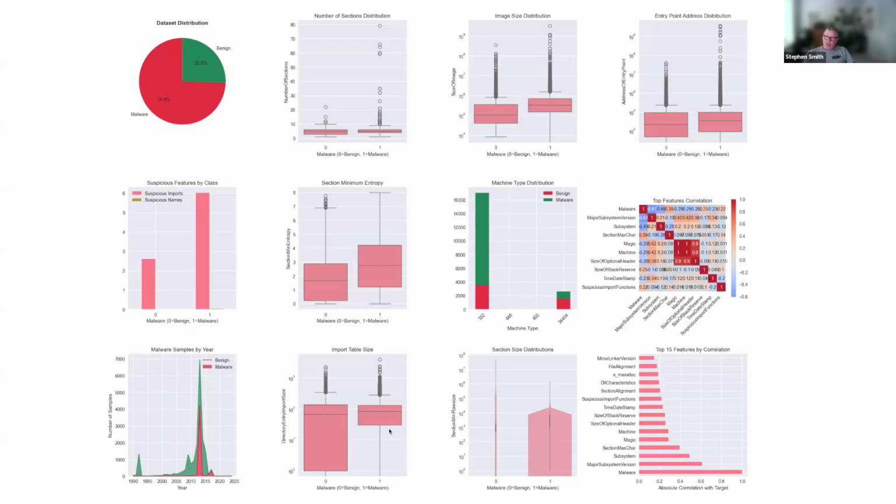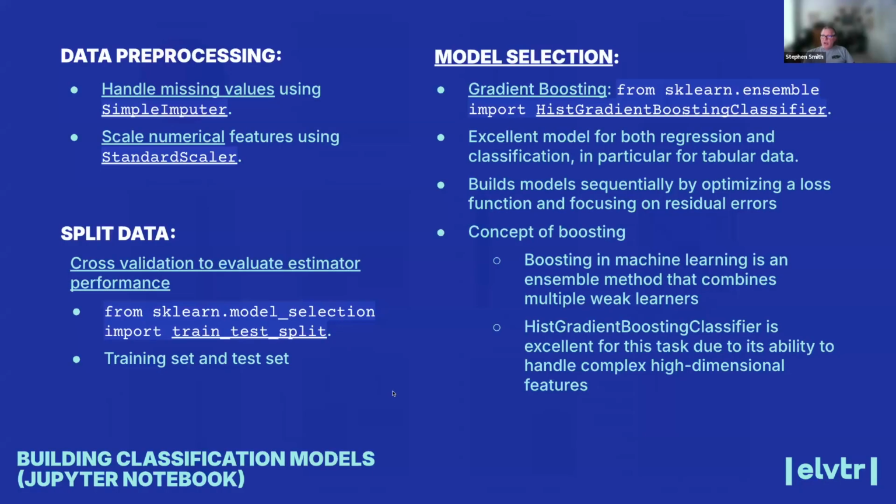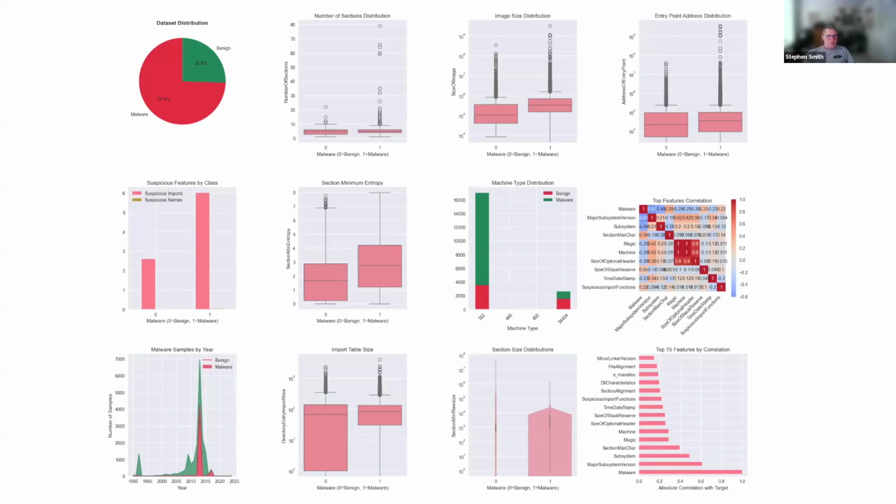Things like import table size and all these different things together are what our algorithms use to help determine what is malware and what's not. And correlation doesn't mean causation. Outliers are significant, right? They can either be a potential evasion attempt, or they could be a quality issue. And then we still have some overlap of features between classes.